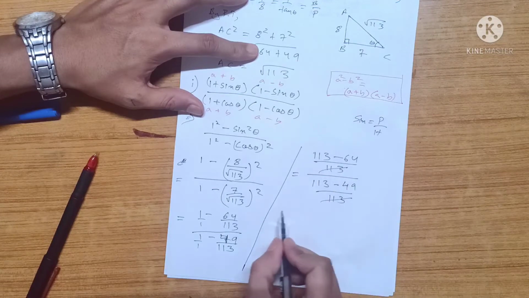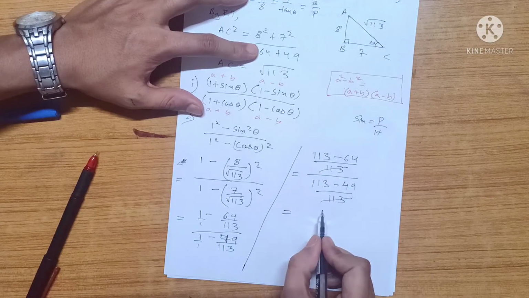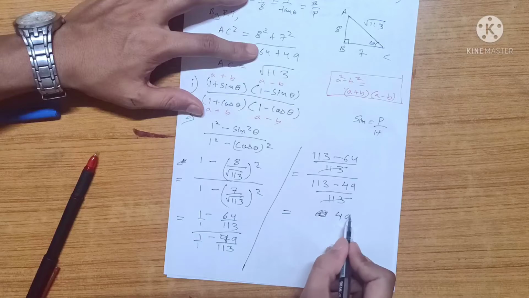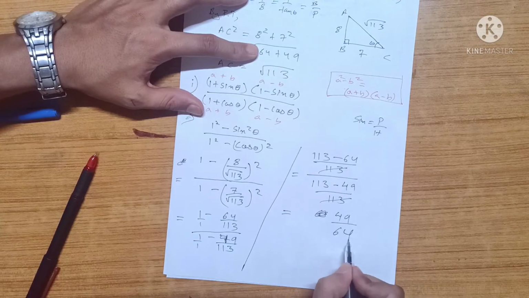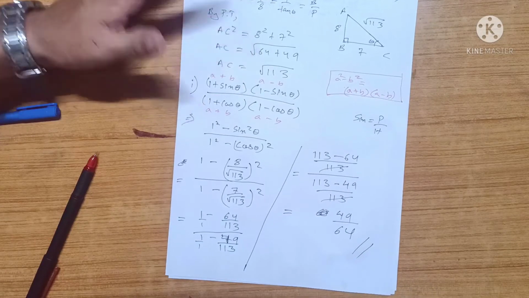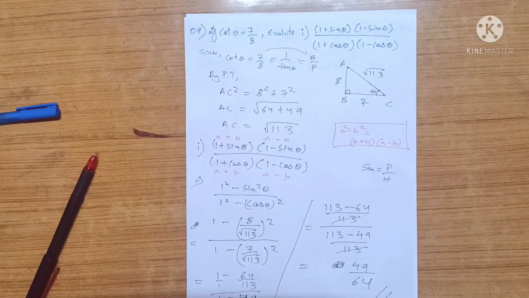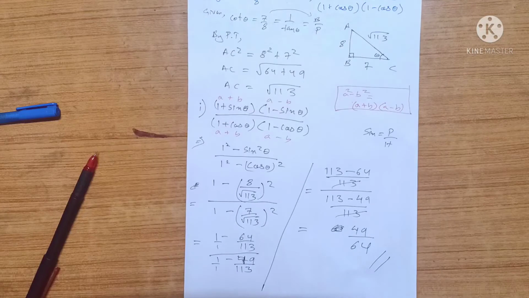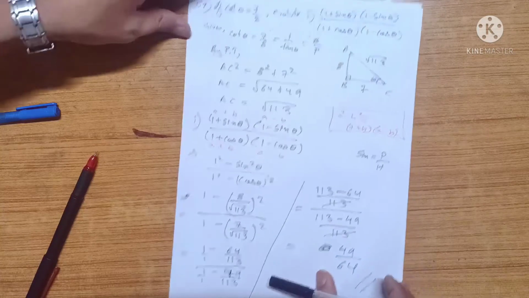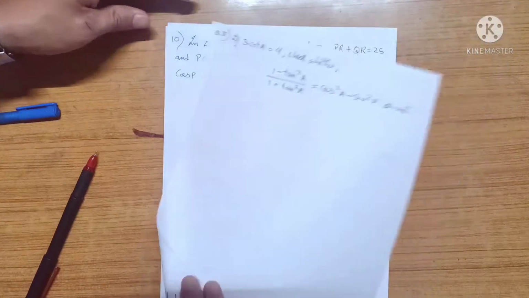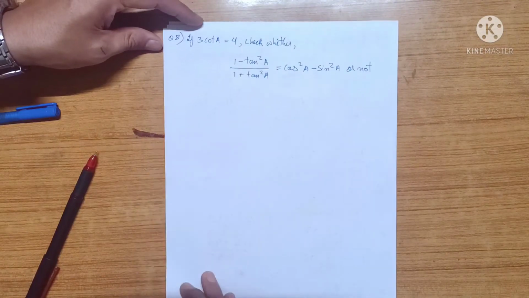We can cut the 113 and 113. So if you subtract this, you'll get 49, and if you subtract this, you'll get 64. I guess that's it. So that's the solution.